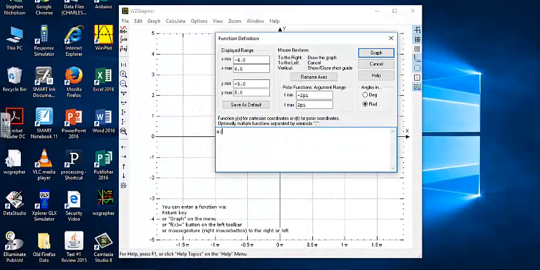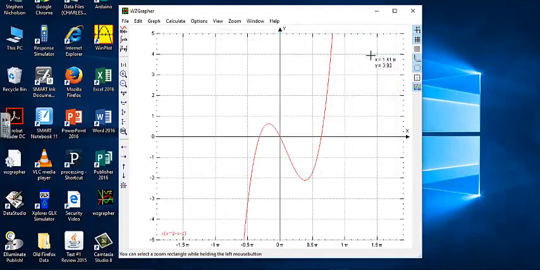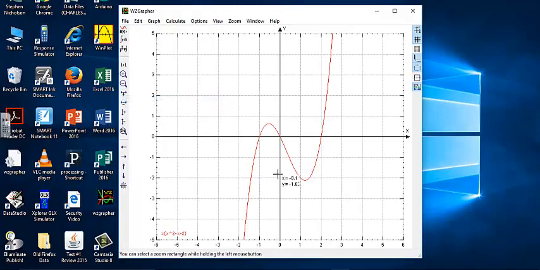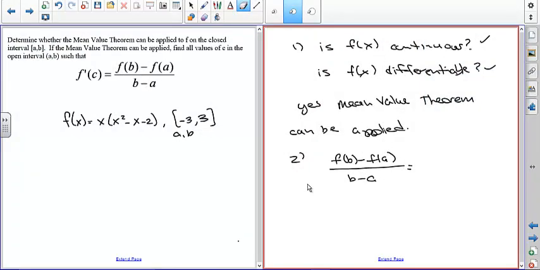So it's x times x squared minus x minus 2. Plot this thing. It's a third order polynomial. What's the beginning and the end? Oh, it's definitely not going to be the same. Okay, so we're good.